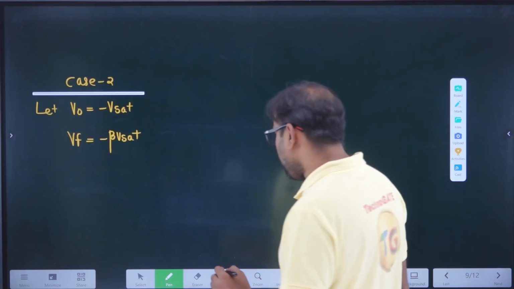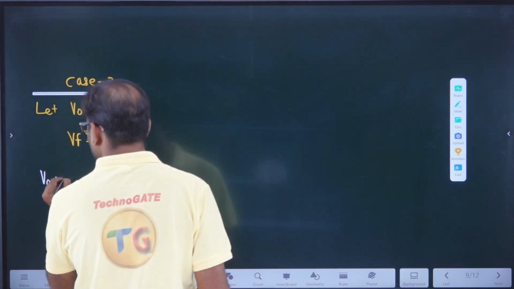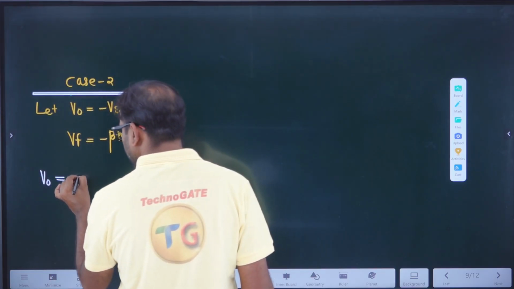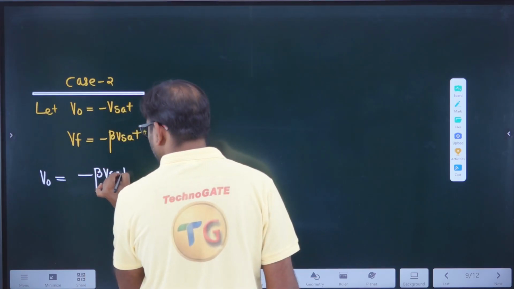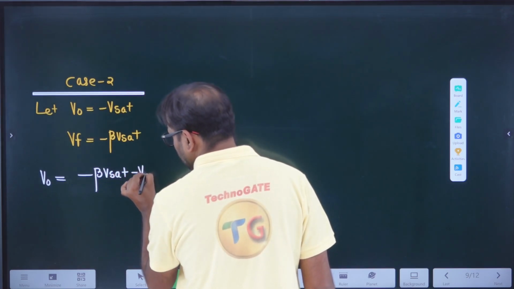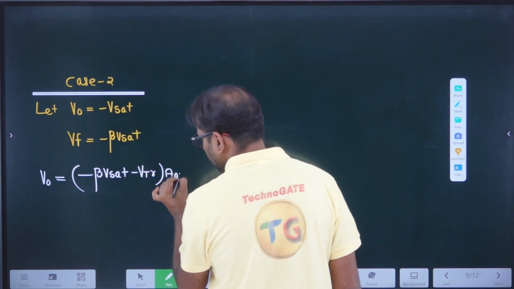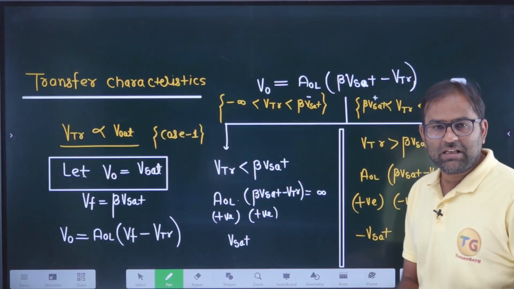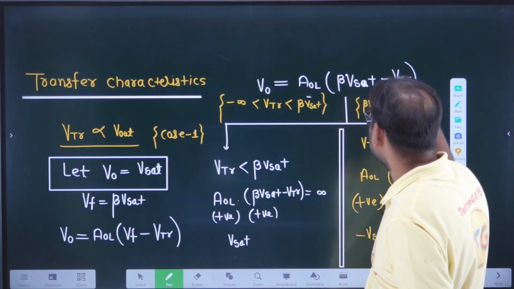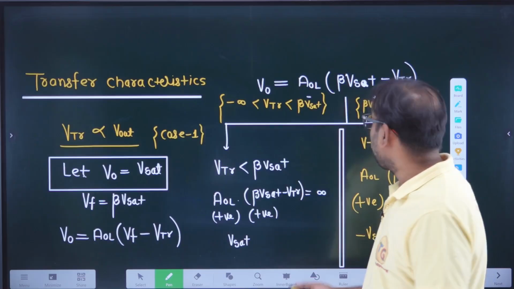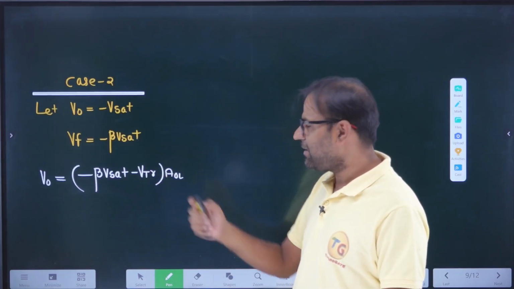V output is given by open loop gain multiplied by Vf minus VTR, and this time the value of Vf is minus beta into V saturation. That's why we have written minus.